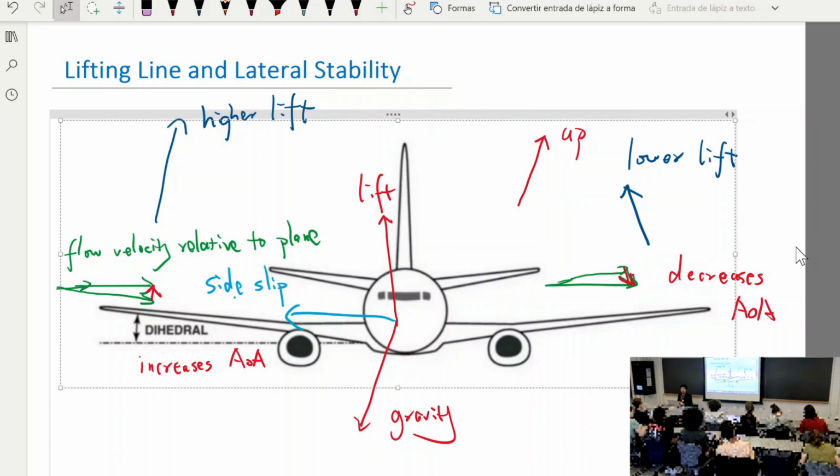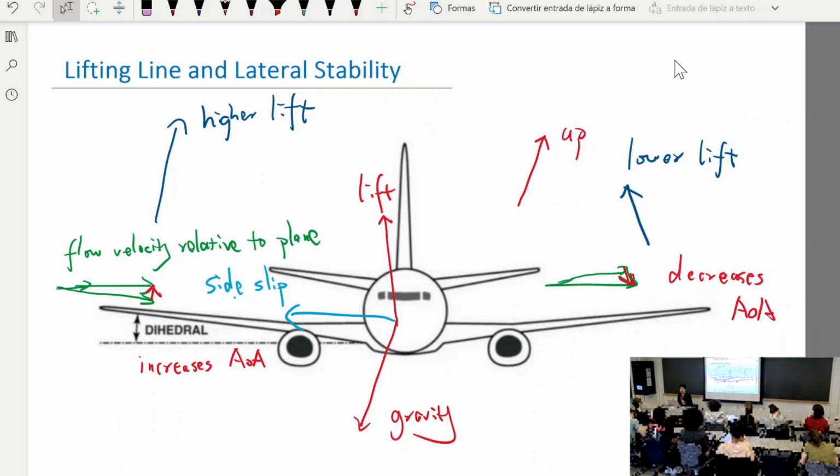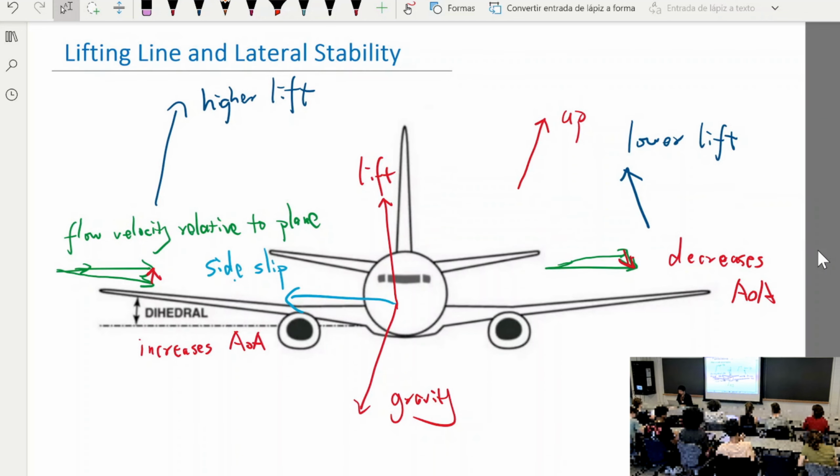For people to figure out the stability of the airplane, you usually need to use a program that has the capability of at least doing lifting line theory, usually some kind of vortex lattice method that is basically an improved version of lifting line theory. So this is something we'll start to do this afternoon in our AVL section.